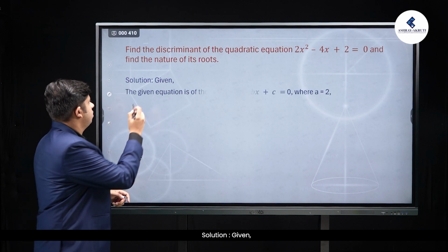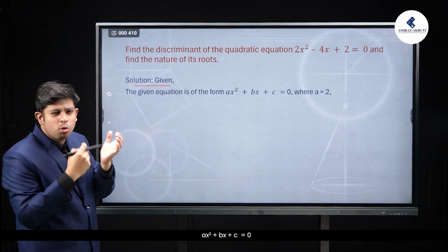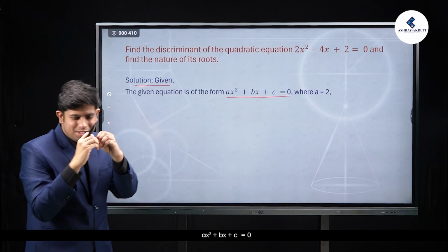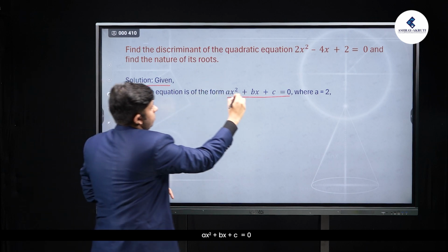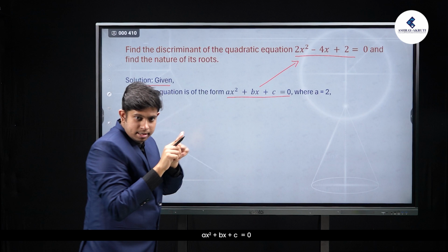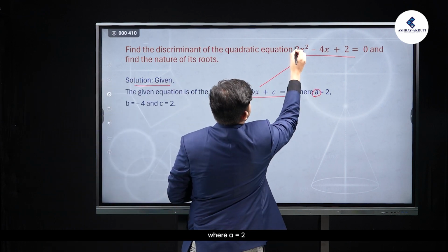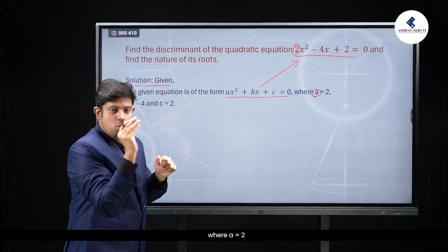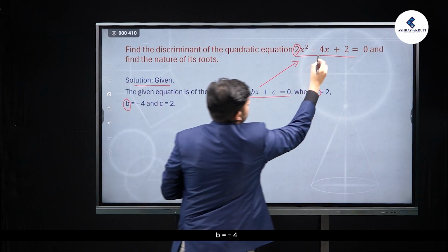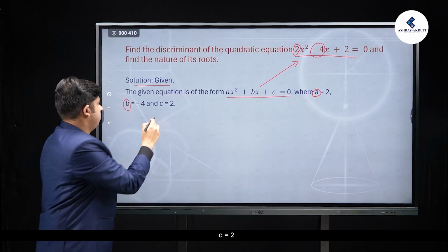Solution: the given equation is of the form ax square plus bx plus c equal to 0, where a equal to 2, b equal to minus 4, and c equal to 2.